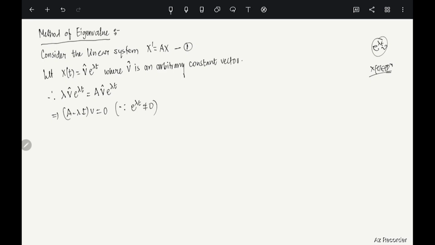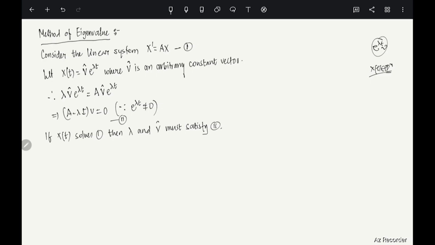So you see what happened. If you want x to be our solution, if x of t solves 1, then lambda and v must satisfy, let's call it 2, equation 2. Now what is 2? 2 is nothing but the eigenvalue problem.